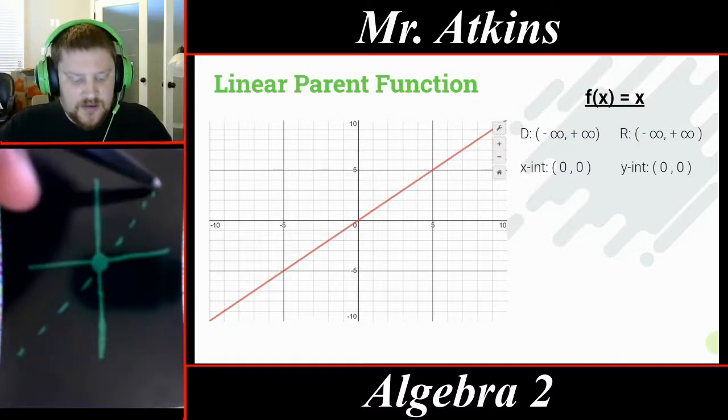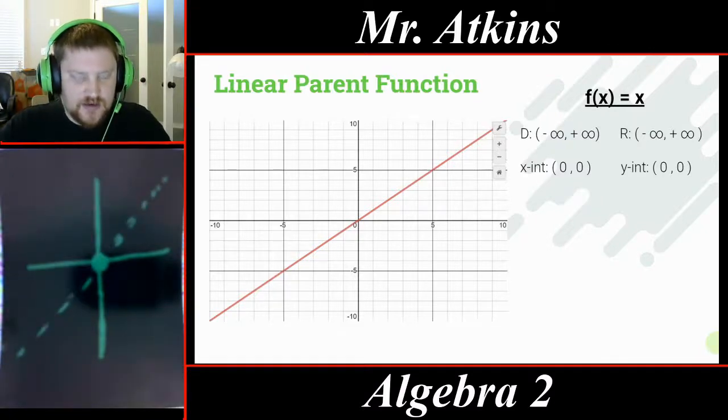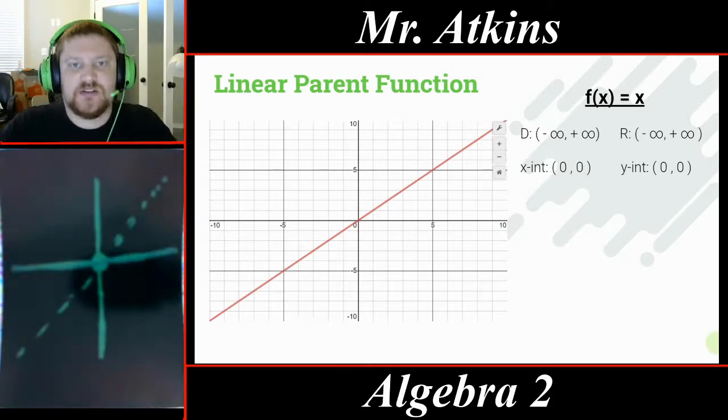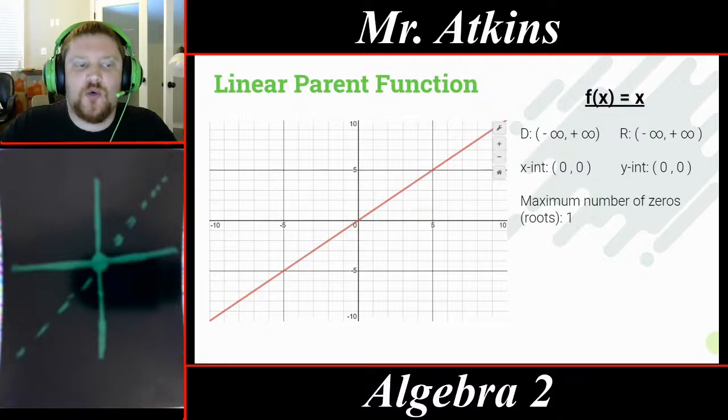Now if you think about it, because we have a straight line here, how many times can this graph cross the x-axis? That's going to give us our maximum number of roots. It can only cross one time because it's a straight line. It can't double back on itself.